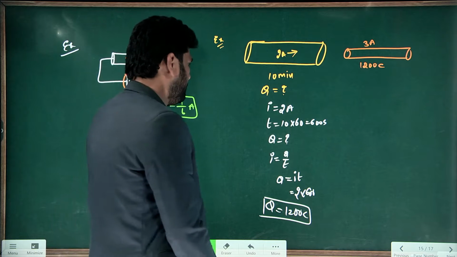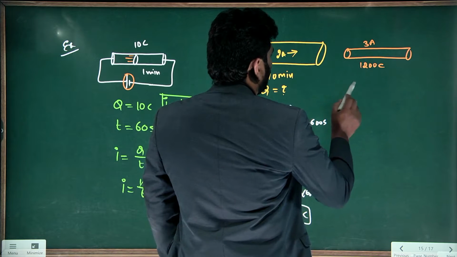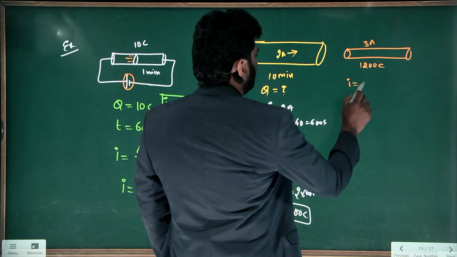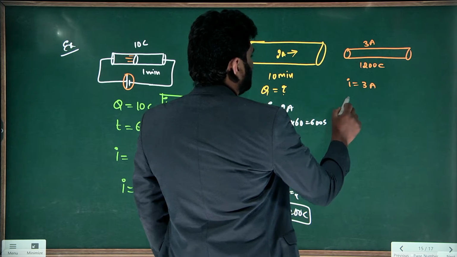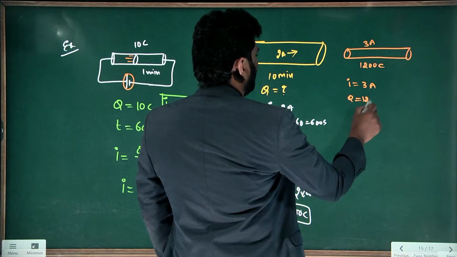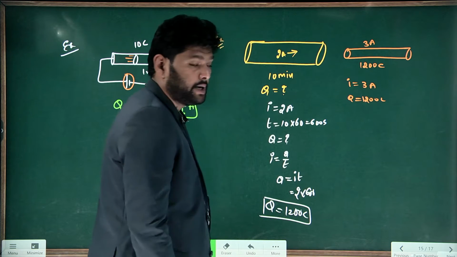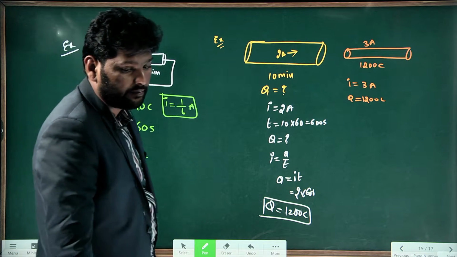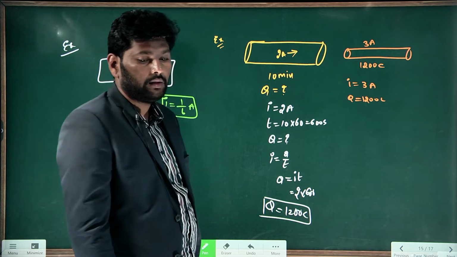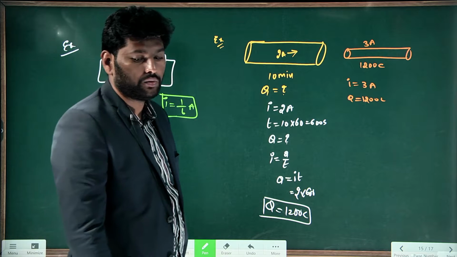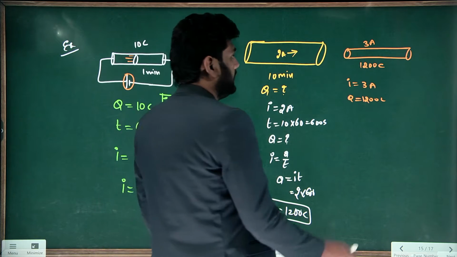Tell me, what is the formula again? First of all, write the data. Current they have given is 3 ampere. Charge they have given is 1200 coulomb. And they are asking to find the time for passing this 1200 coulomb through the conductor.